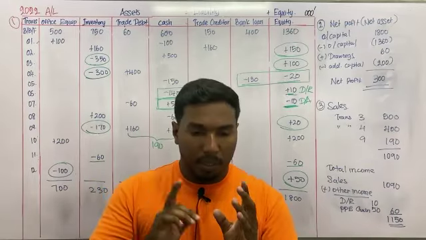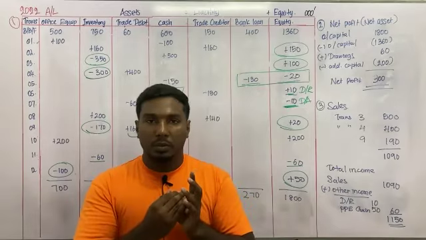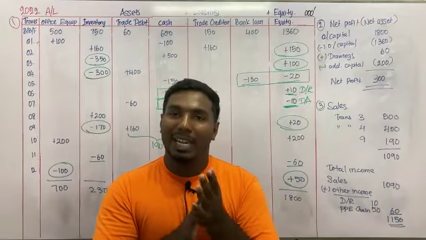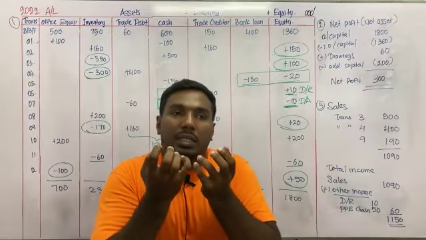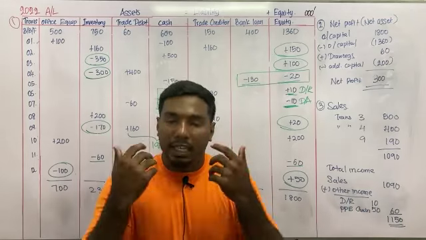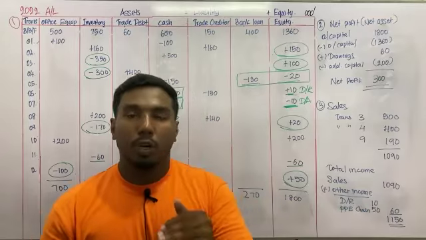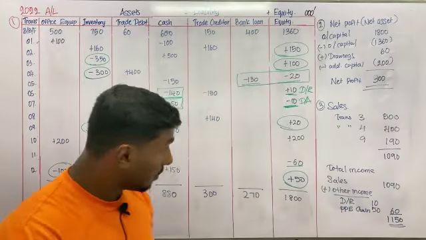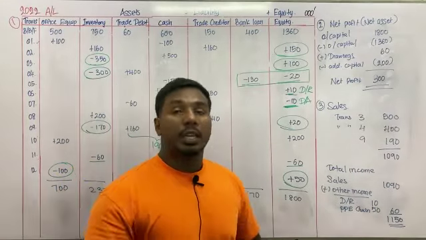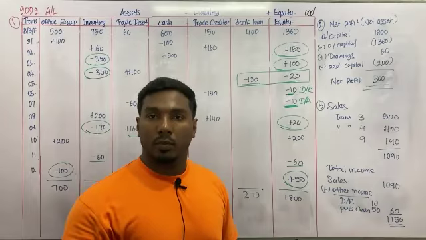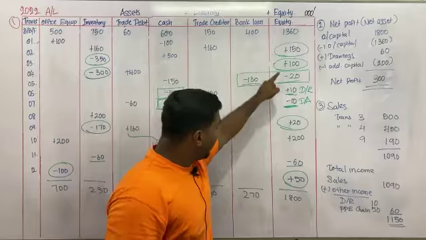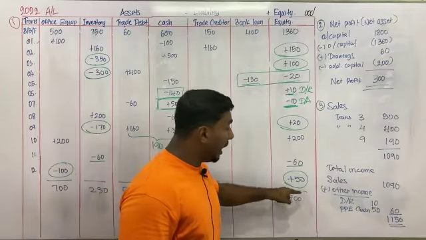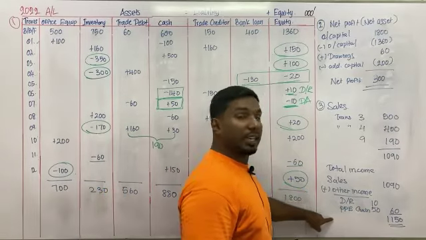Because when you're doing the company accounts and sole proprietorship and partnership accounts, the examiner might ask questions like that and might confuse you. So in order to avoid that, please put that in your mind today. The PPE sale is not a sale. Only the gain we got from the PPE sale is considered as other income, like here.